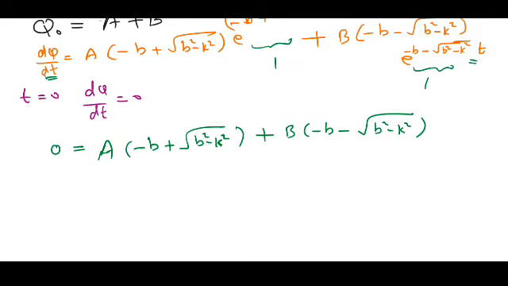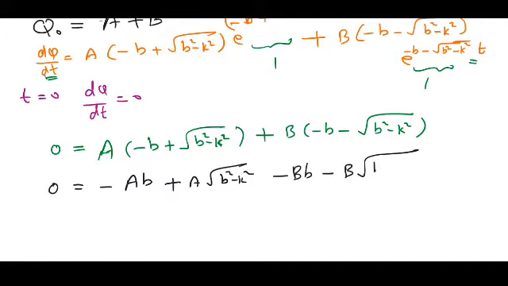If I open this term, it will be 0 = -Ab + A√(b² - k²) - Bb - B√(b² - k²). Then I take root of b² minus k² outside, and from these two terms I take b outside.